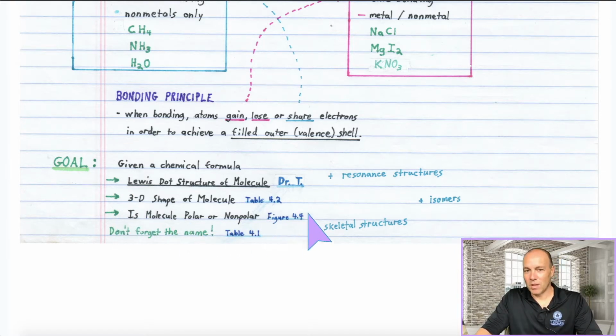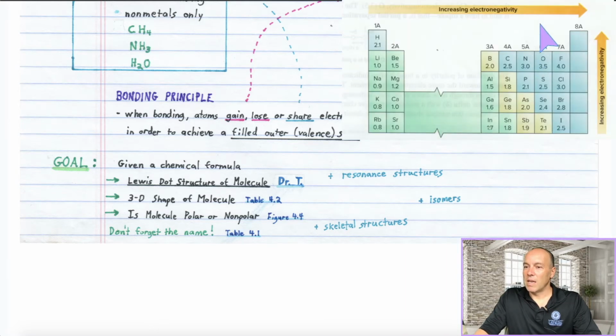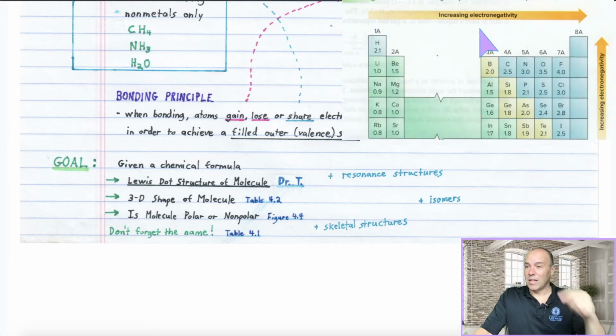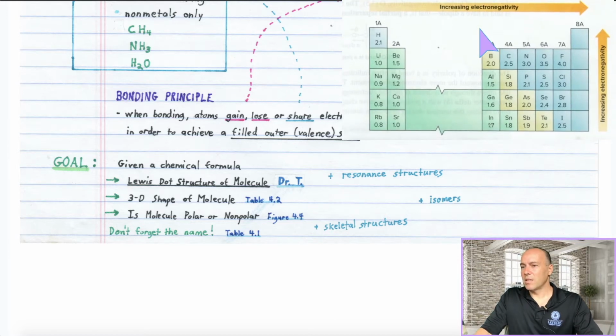And to do that, we're going to use figure 4.4. And I'll show you figure 4.4. This is a table of electronegativities. And electronegativities describe atoms' ability to pull electrons towards their end of a bond.